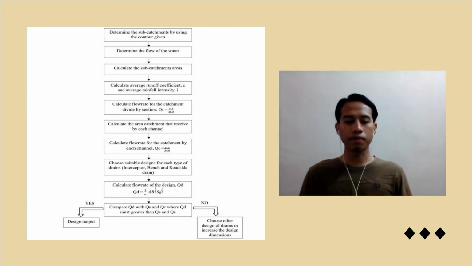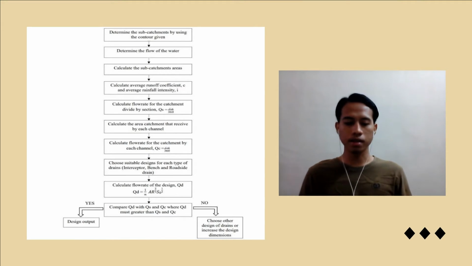Step 4 is we need to calculate the average runoff coefficient, that is C, and the average rainfall intensity, that is I. After that, with the information of runoff coefficient and average rainfall intensity, we can calculate the flow rate for the catchment divided by section, that is QS equals CIA divided by 360.